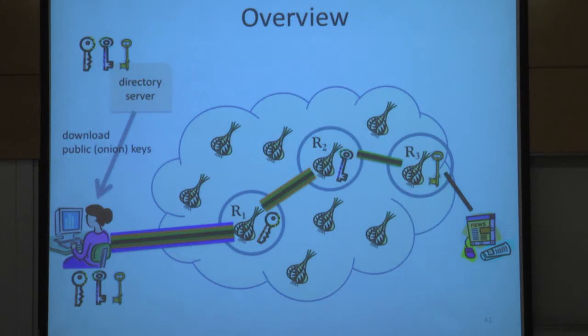Also, the network is complicated in the sense that not all nodes are exit nodes, so not all nodes act like R3. Why? Because there are many people who do not want to run an exit node and be seen as the initiator of connections, because if something happens over that connection, you appear as the initiator and you will get in trouble. Even if you have ways of saying it wasn't really me, maybe you need a lawyer, maybe you have paperwork to deal with.